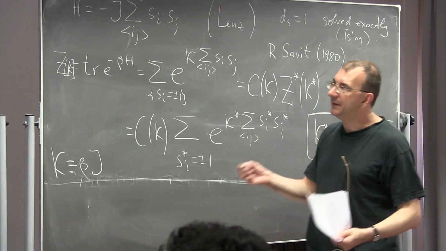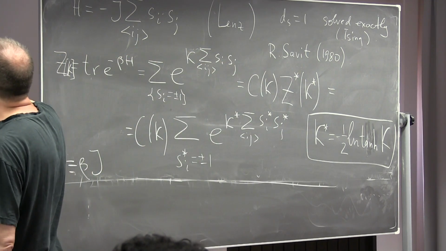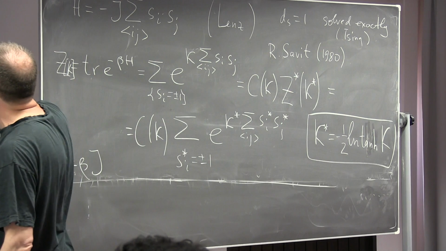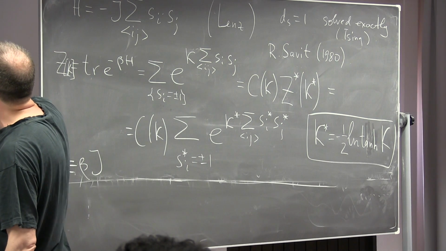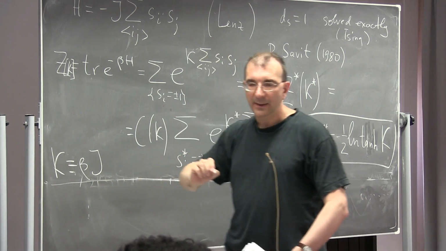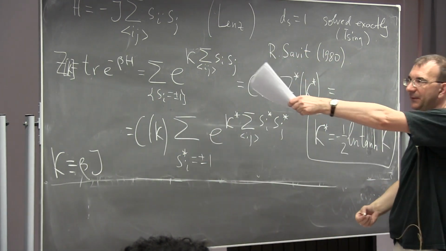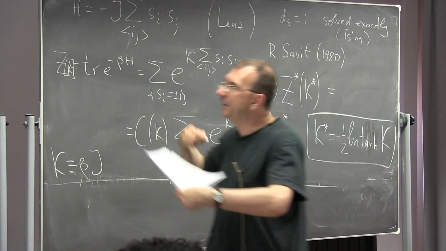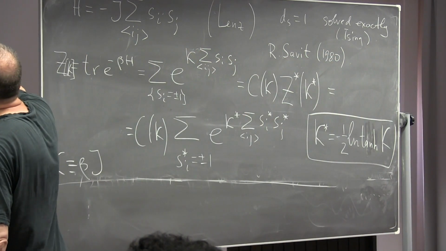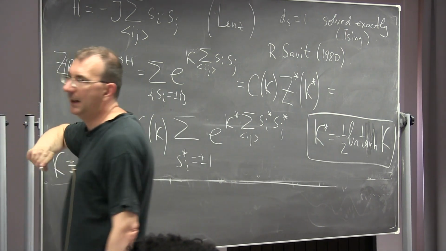So they introduced the dual degrees of freedom. If you have s_i sitting, for example, at the center of a square lattice, then they were forced, by the logic of expansion of this exponent, to introduce the degrees of freedom which lived in the centers of the squares surrounding this s_i.